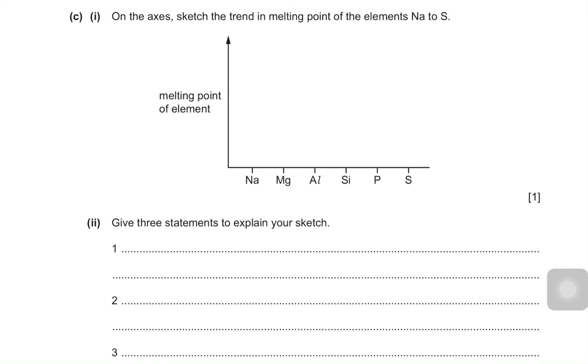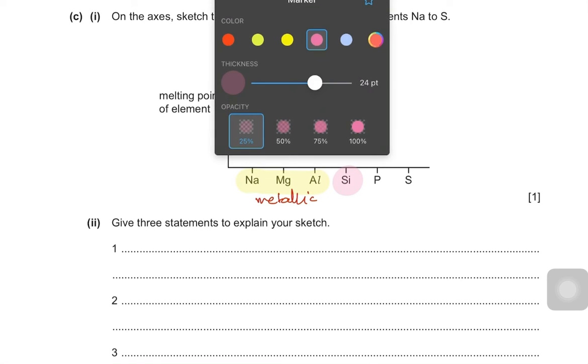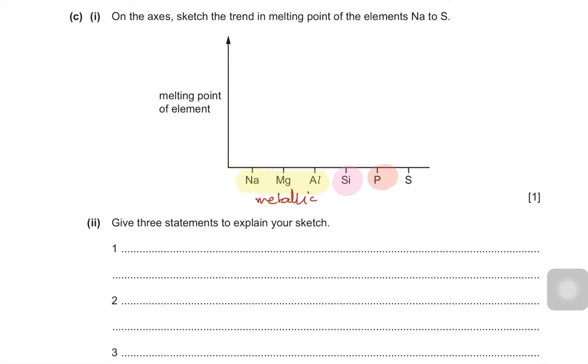Sodium, magnesium, and aluminium are metallic elements with their metallic lattice and attractive forces. Silicon is a giant covalent, and then phosphorus and sulfur are simple covalent molecules.